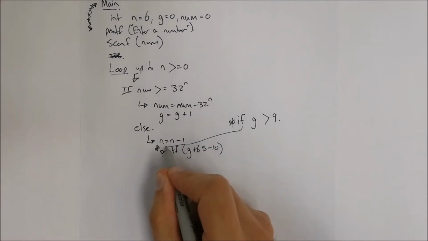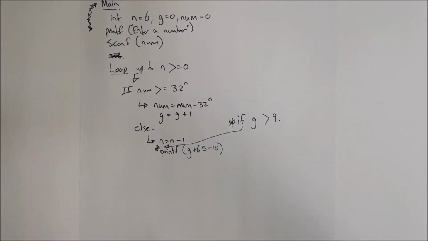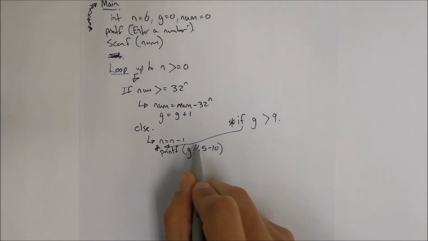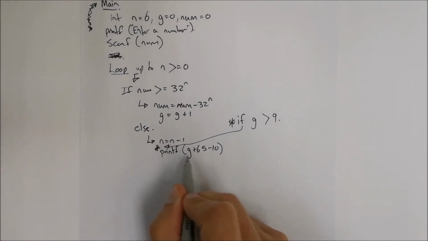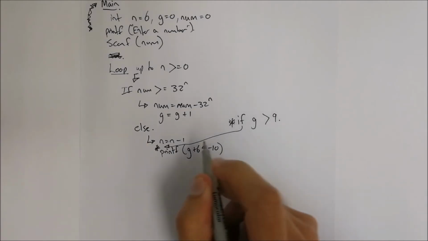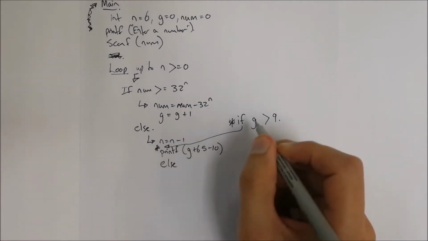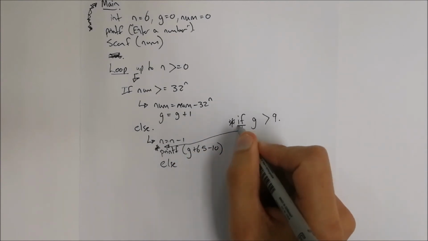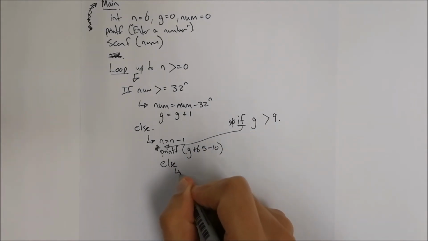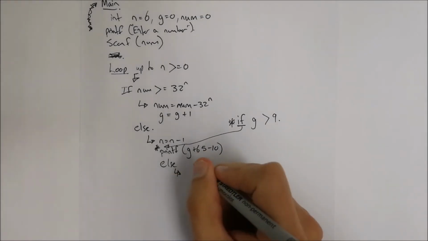So we need to take that into account over there. Okay. So if that's the case, we need to print this. So if this is not the case, if g is less than or equal to 9, we can then have another else statement over here for that if statement that was just placed over there, that needs to say, okay, just printf g.